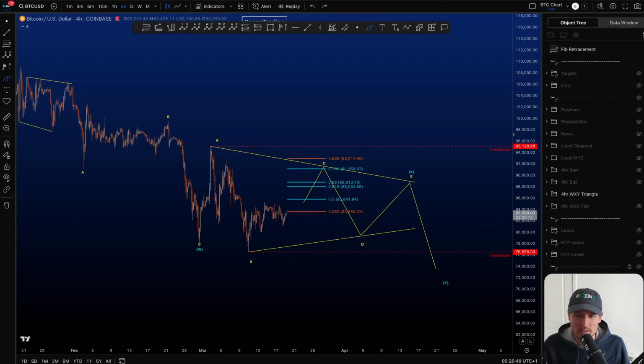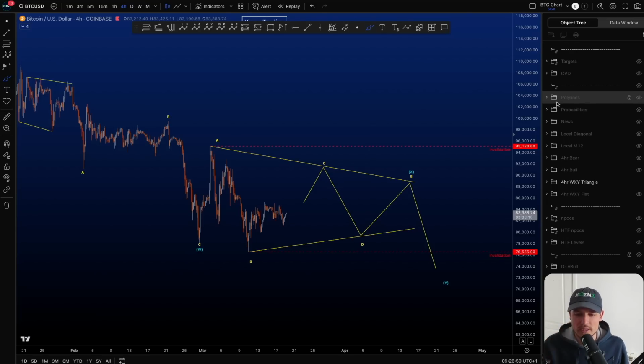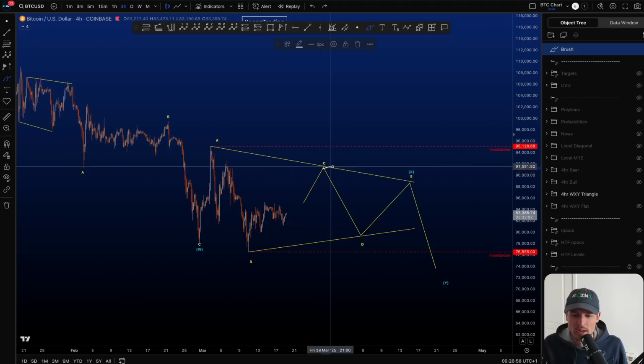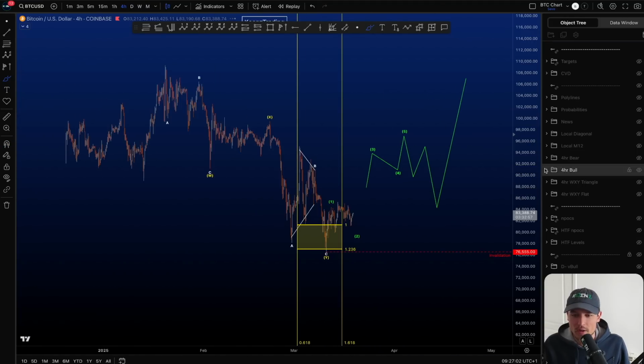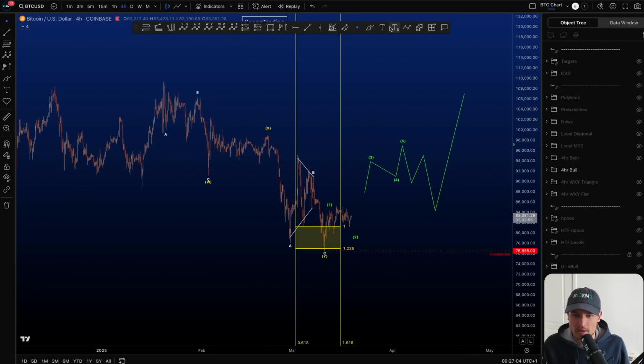So it would be nice in this case to still move towards the upside, have an unfinished wave C, and then eventually find resistance. We have a couple of resistances here, which I will show later in the video, and then start wave D towards the downside.